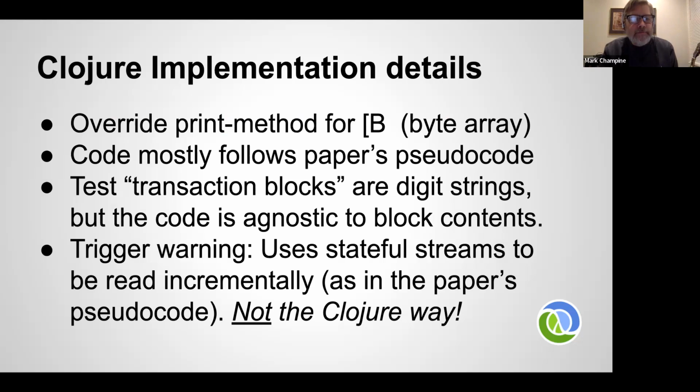Just a few notes on the implementation. Since you're working extensively with byte arrays, and they're fairly large byte arrays, they kind of make a mess of your REPL when they're printed out. So I created an override for Clojure's print method that would take a byte array and encode it in a more compact, readable fashion.